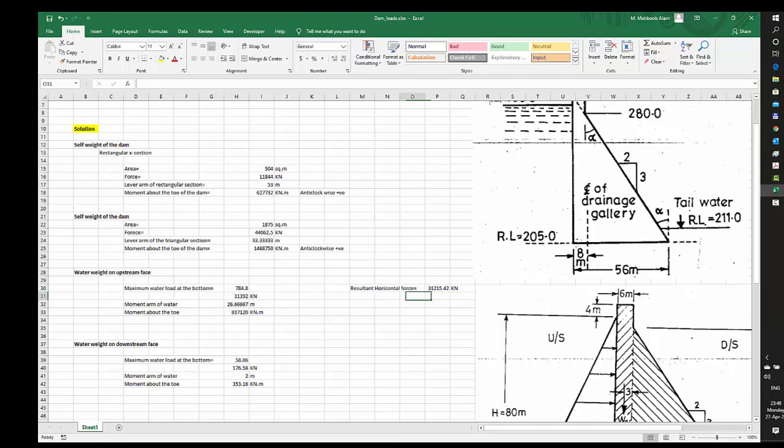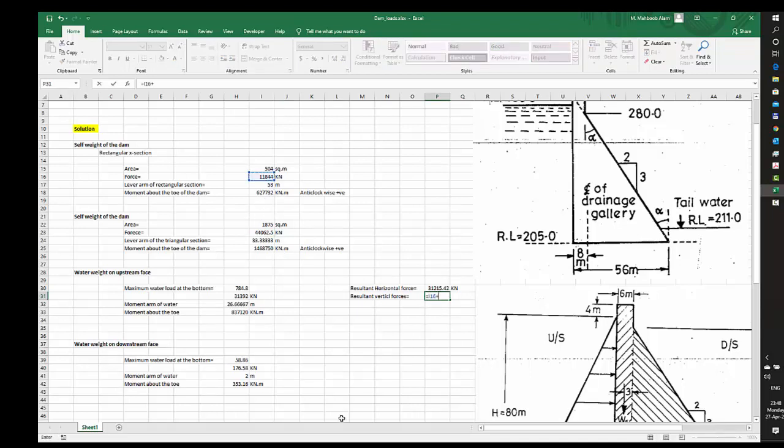If I'm calculating the resultant vertical forces now, then very simply I have to calculate these two. The self loads are both the vertical forces, 11,844 kilonewtons and 44,062.5 kilonewtons, and both of them are acting in the downward direction, so I simply have to add them up.